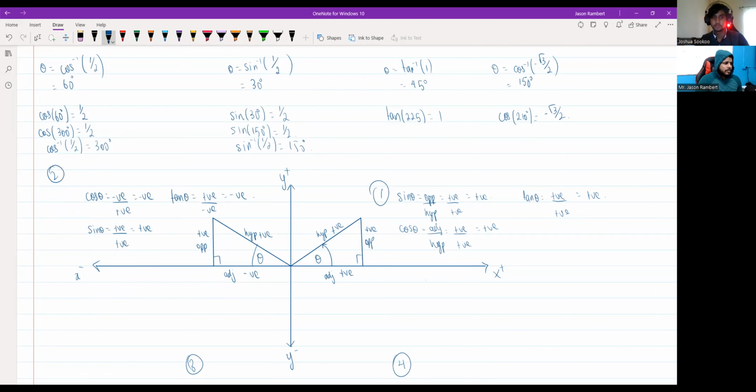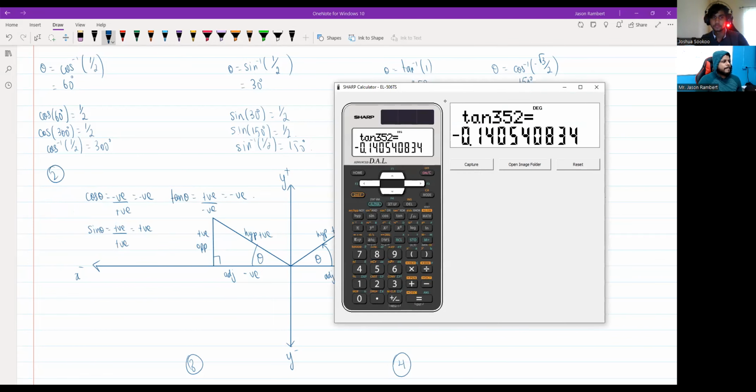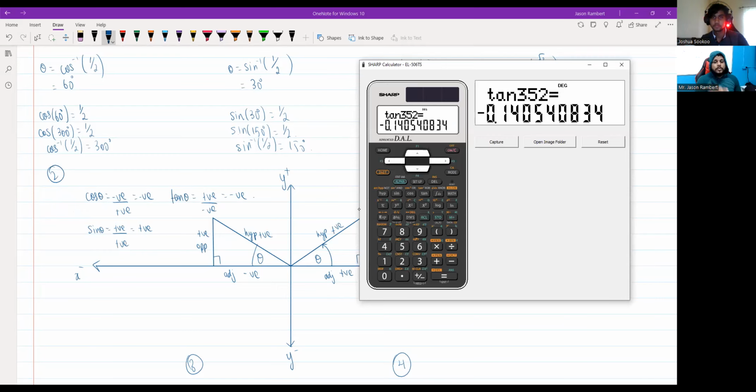And just for proving its sake, remember, quadrant 2 is between 90 degrees and 180 degrees. So if I were to check any of these angles, let's check cosine. Let me pick a number between 90 and 180. Let me pick 100.